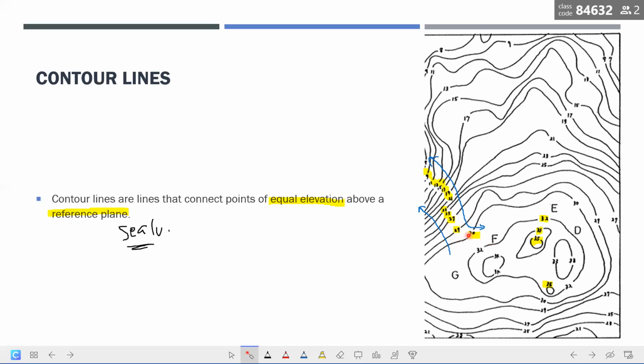The distance between one line and the other could be 1 meter or maybe 1 foot. I think in this section here the interval is 2, so 2 feet or 2 meters. So you can see here 11, 13, 15, and 17, and then 19, 21, 23, 25, and so on.